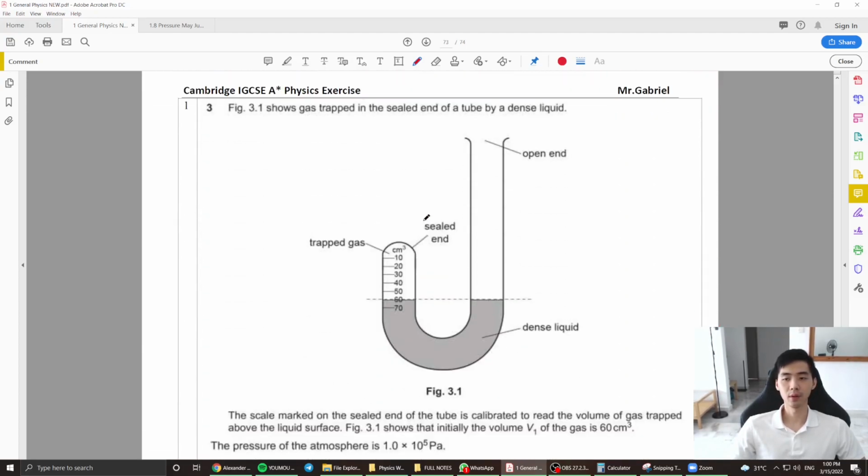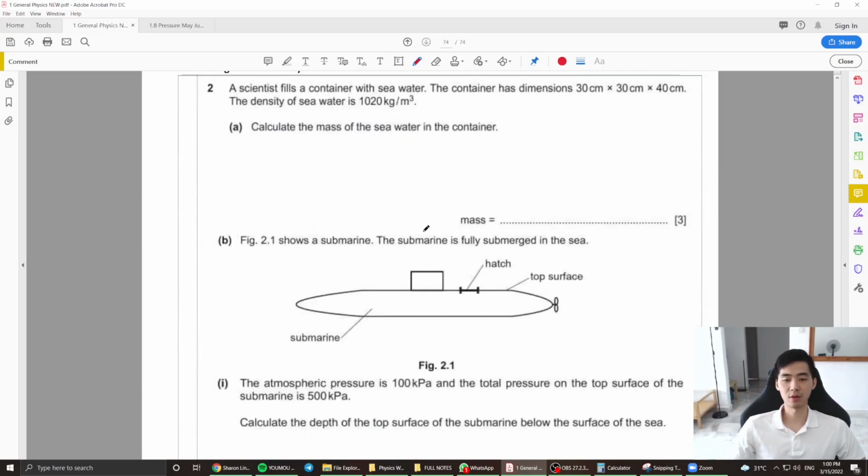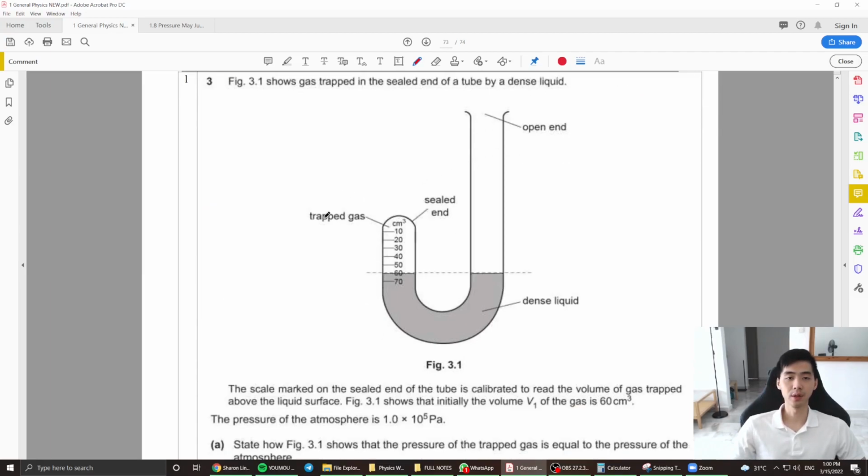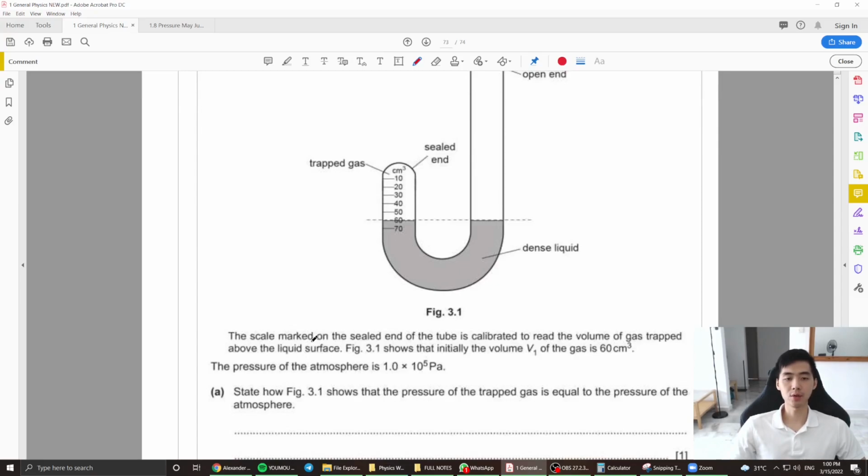Then looking at the final part of this exercise here, Figure 3.1 shows gas trapped in a sealed tube by a dense liquid. The scale mark on the sealed end of the tube is calibrated to read the volume of gas trapped above the liquid surface. Figure 3.1 shows that initially the volume is 60 cm cube.